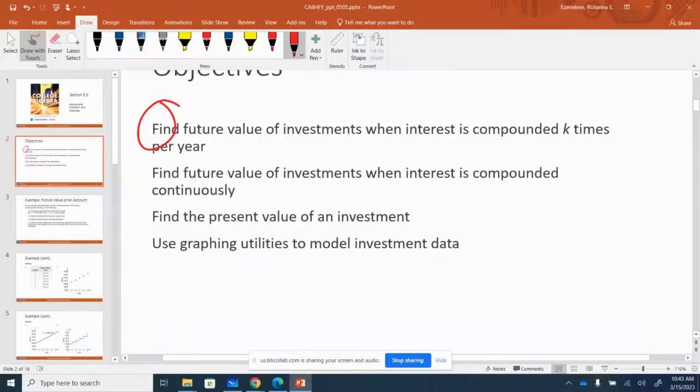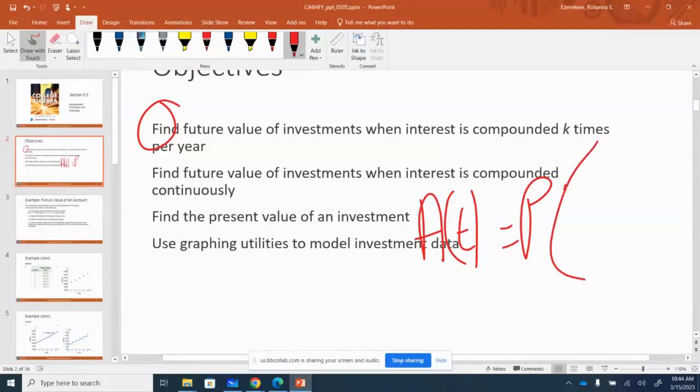Okay, so investments, this is 5.5. Future value of the money I put in the bank today. If I'm asking for future value, we have a formula for this. Amount for future time is equal to the principal, the quantity of money I put in today, times 1 plus the rate they give me, APR, over the number of compoundings, maybe 2 times a year, n is 2.